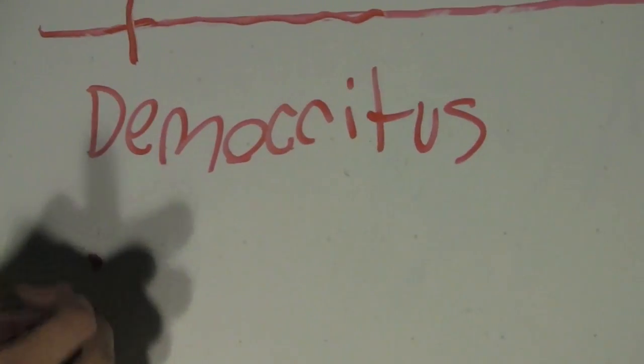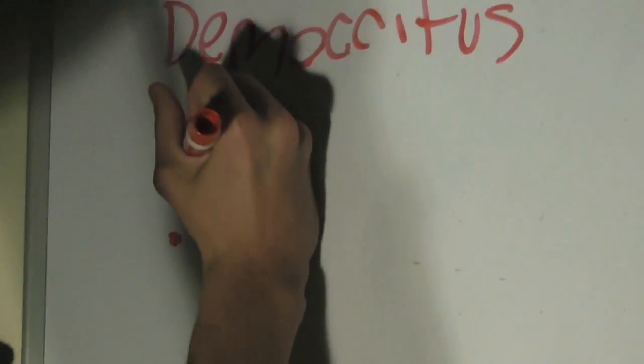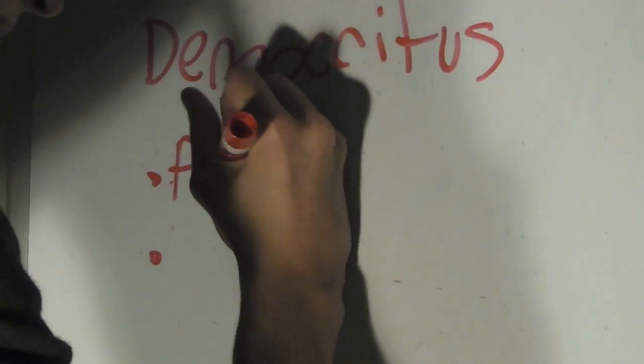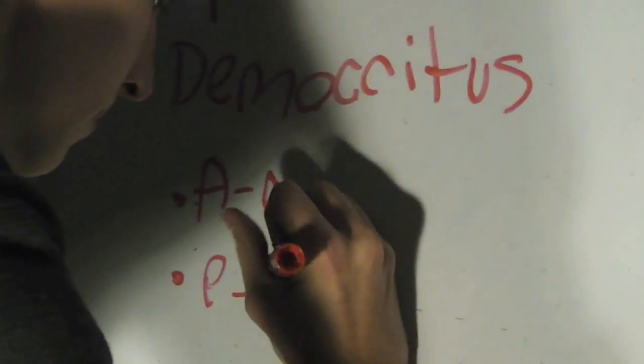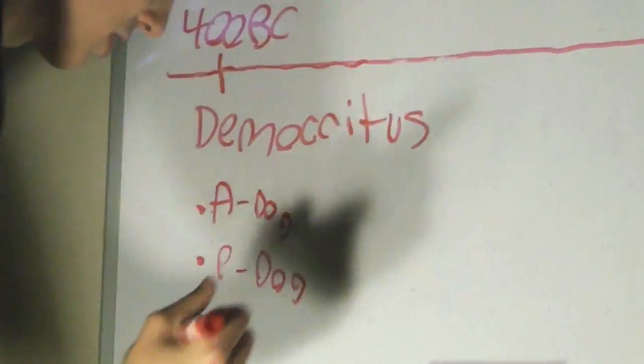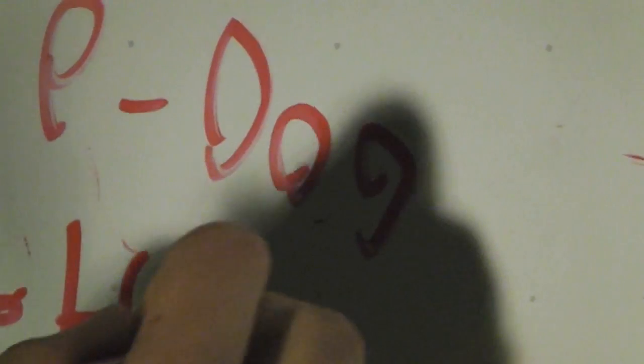But this hypothesis was refuted by Aristotle and Plato, because he really had no proof. These two believed that everything was made of continuous material called Hyle.